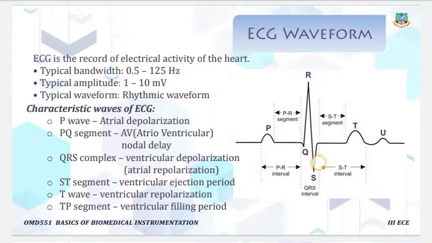Have you understood this? First the blood enters the right atrium, then it is pumped into the right ventricle, then it goes to the lungs for purification and oxygenation, then it comes back to the left atrium, then to the left ventricle, and then it passes to the various parts of the body.